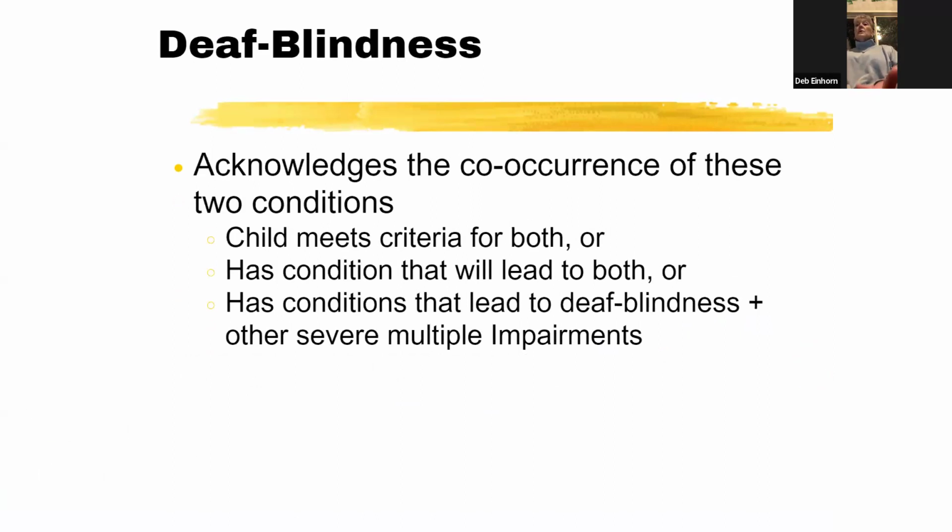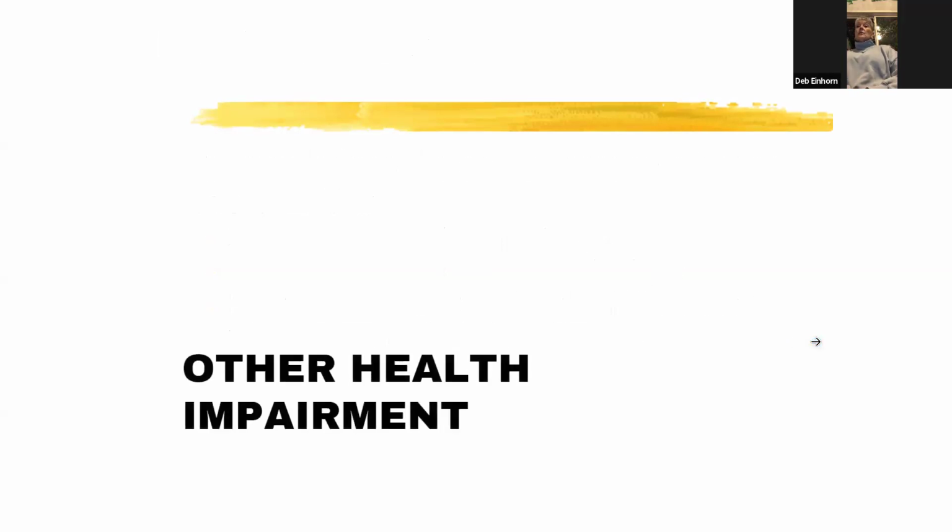But students who are dually affected by deafness and blindness obviously have much more significant barriers to learning. And so we have a separate category for those students. They are going to need a lot of services from professionals that can deal with those sensory issues.